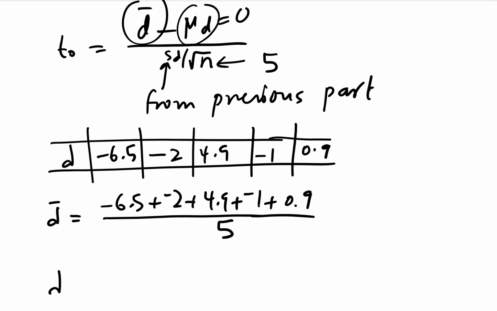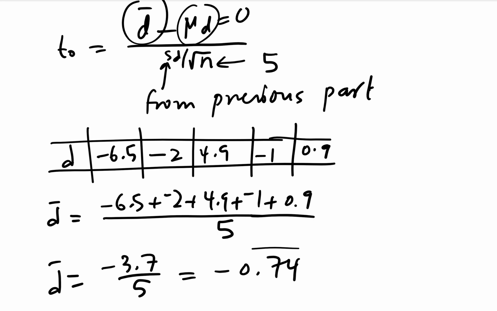So now we calculate all of this: 4.9 plus 0.9 minus 2 minus 1 minus 6.5 is negative 3.7, over 5, negative 0.74. This is the value for d bar.